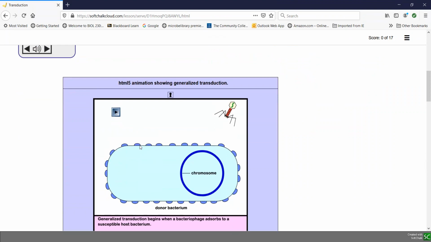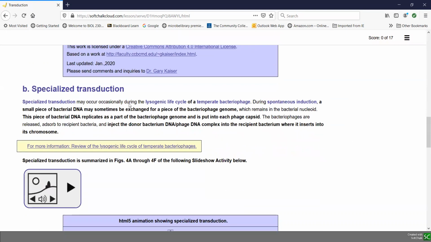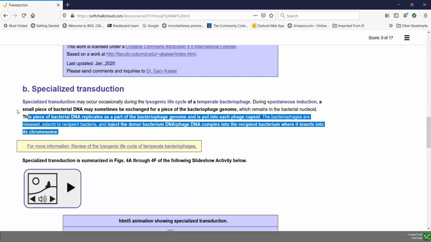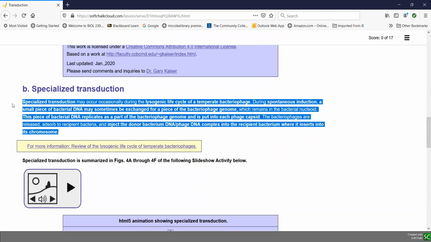So again, you can visualize the process of generalized transduction, see how the virus picks up a little bit of bacterial DNA and how it carries that bacterial DNA to another bacterium. Then scroll down a little bit further and we see our description of specialized transduction, where in this case, it's a mistake that occurs during spontaneous induction, where occasionally a viral genome leaves behind a little bit of its DNA and by mistake picks up a piece of bacterial DNA.